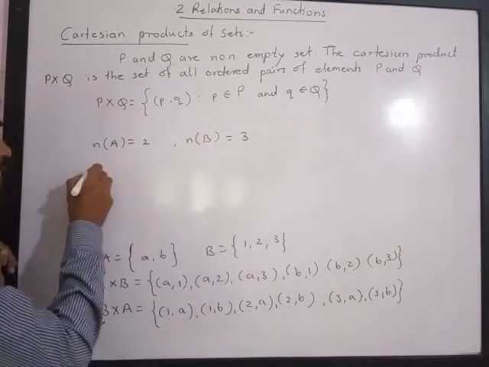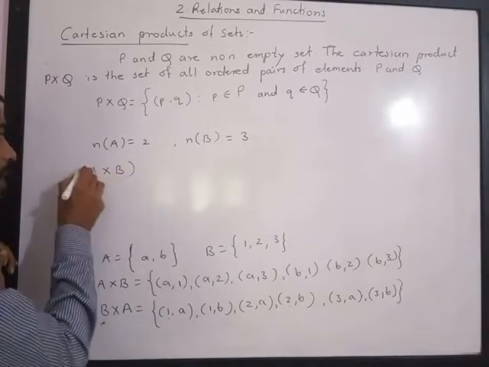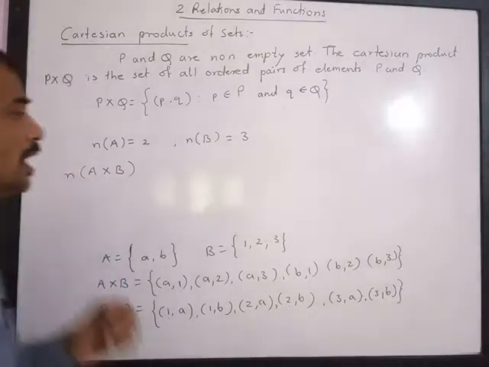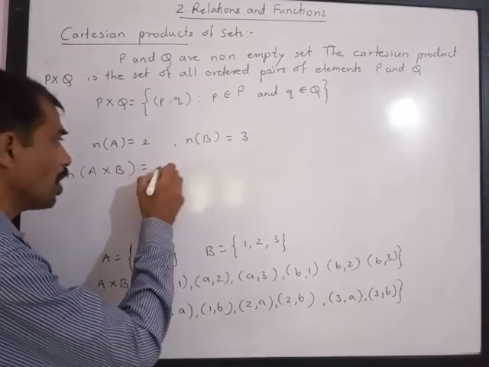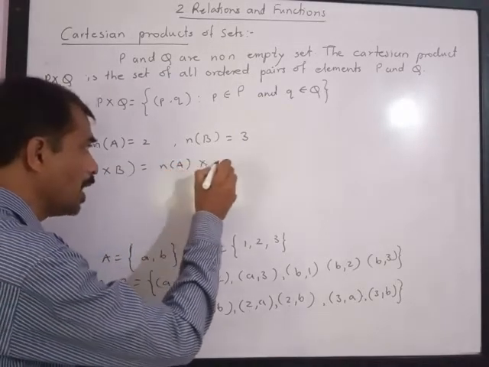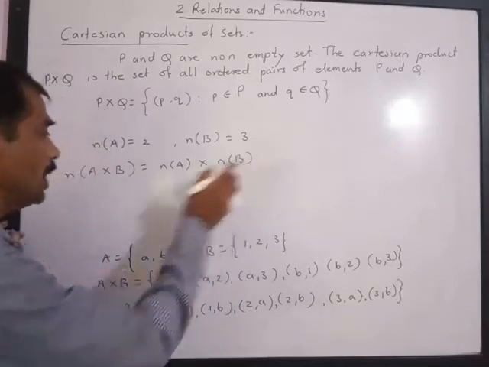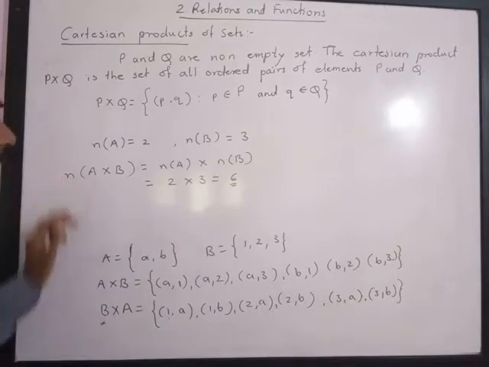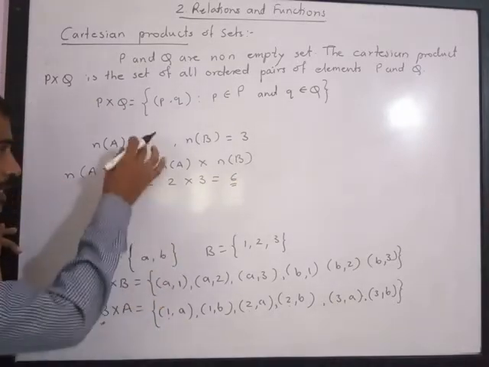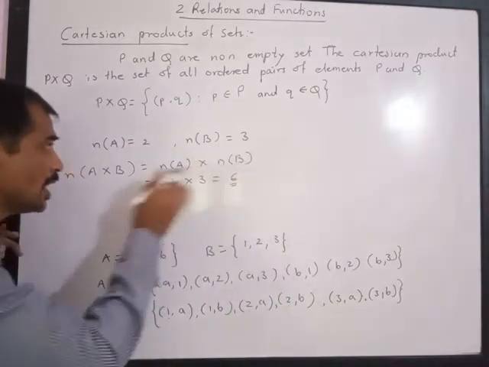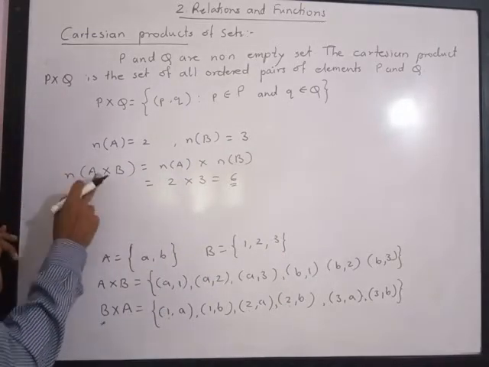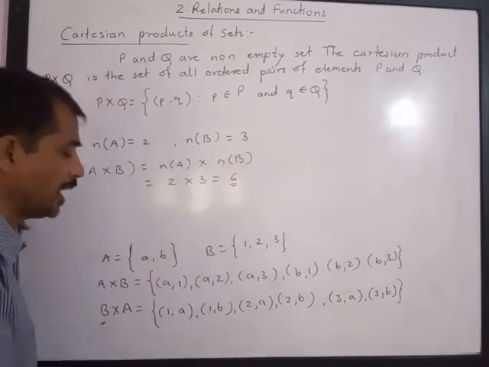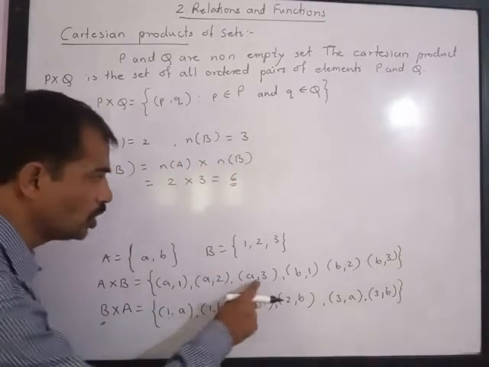When we talk about A cross B, the number of elements of the Cartesian product of A and B is always equal to the number of elements of A multiplied by the number of elements of B. That is 2 multiplied by 3, which is 6. Let us check A cross B: 1, 2, 3, 4, 5, 6.